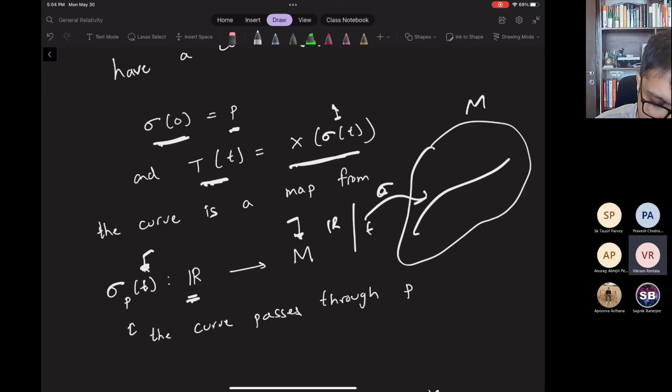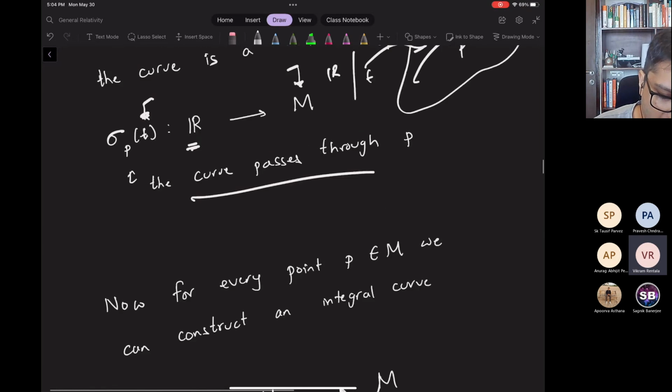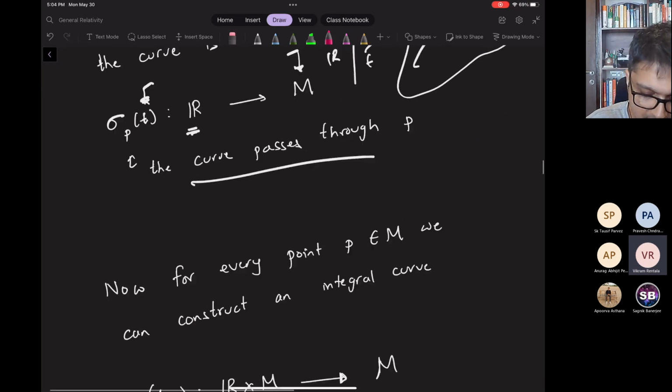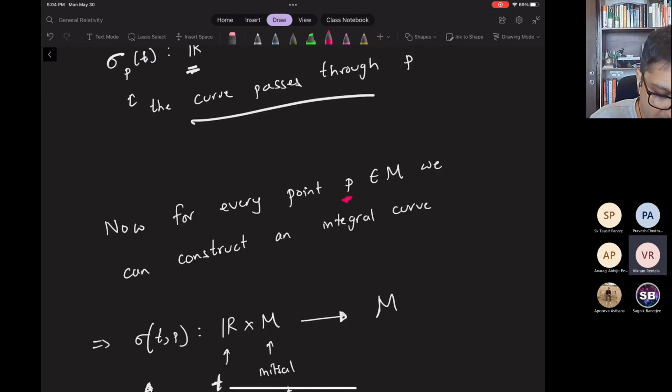So this is sigma_p(t), and this curve passes through P. You can construct this map, and by the theorem we've shown above, this is a unique map. Given any point P, or another point Q, there's a unique integral curve. So for every point P belonging to M, we can construct this integral curve.